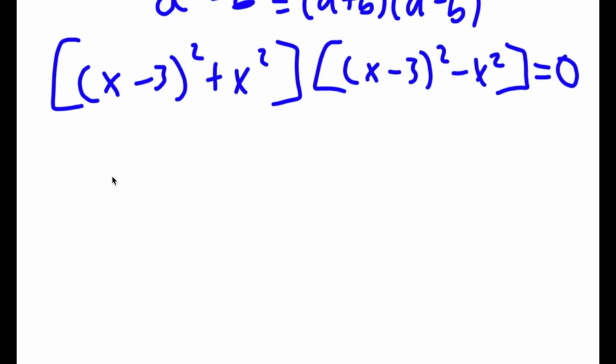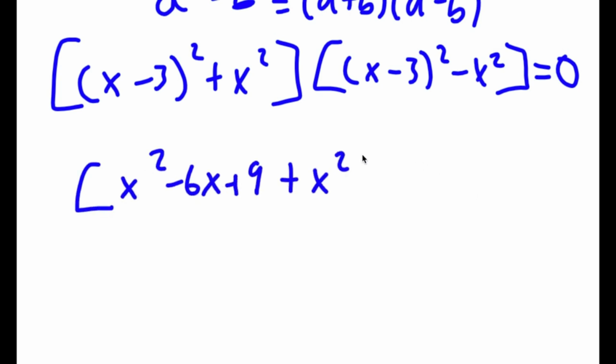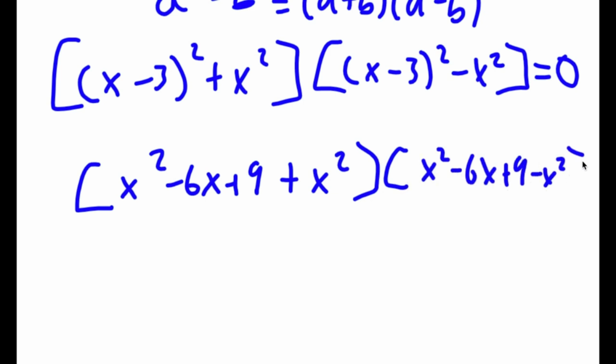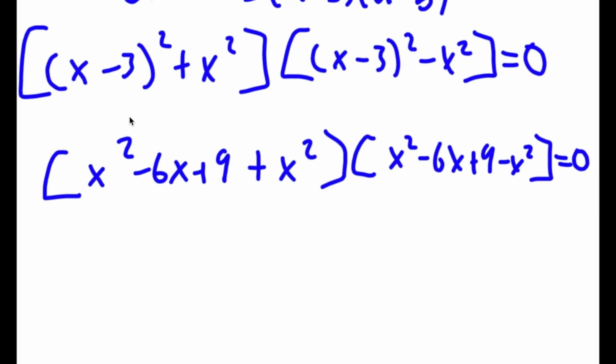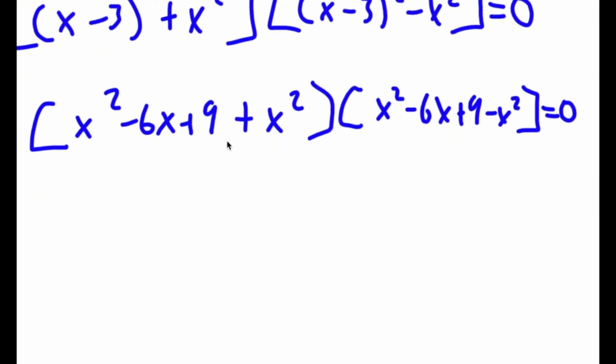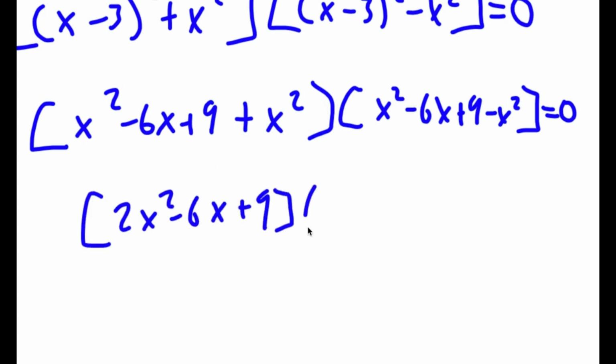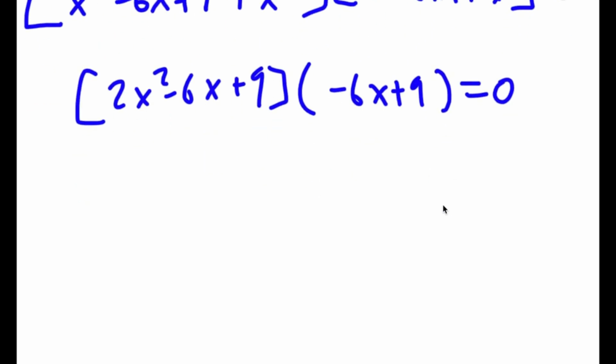And now this is the same thing as (x² − 6x + 9 + x²)(x² − 6x + 9 − x²) = 0, because I just expanded (x − 3)². So now I'm going to simplify this to (2x² − 6x + 9)(−6x + 9) = 0.